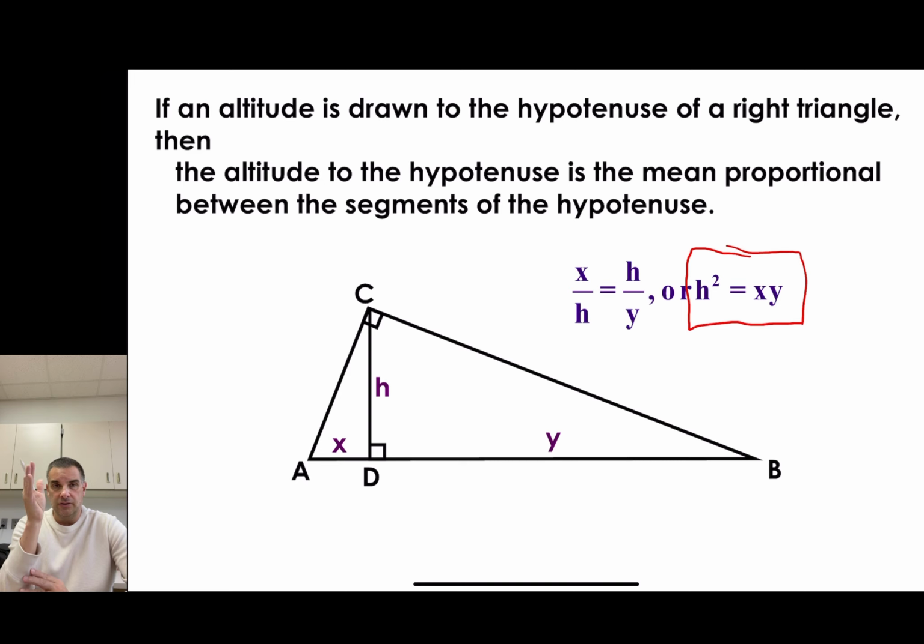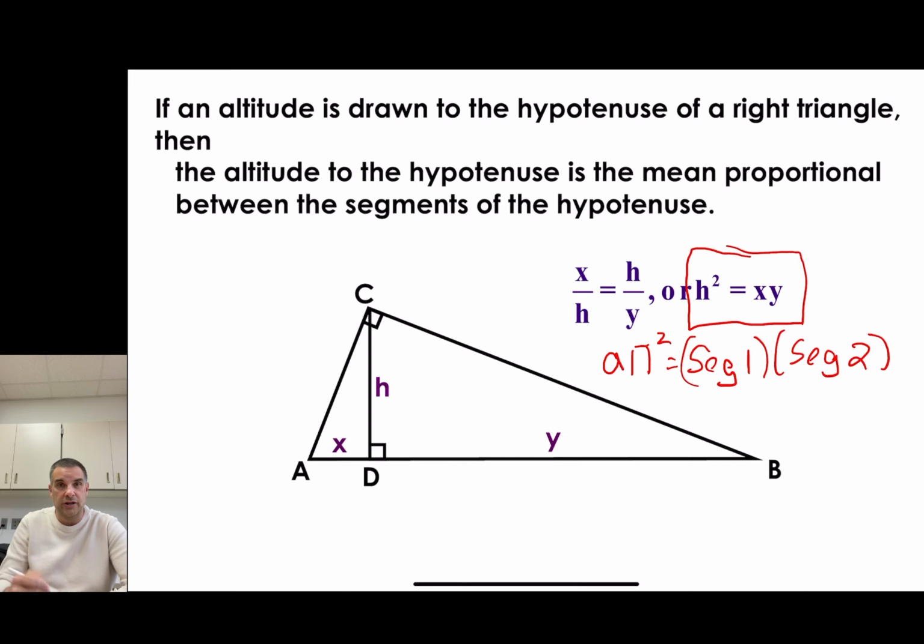If you're given the altitude and the 2 segments, or you're asked to find one of the segments, we can use the formula: the altitude squared is equal to segment 1 times segment 2. And you'll notice that that's really just the geometric mean.